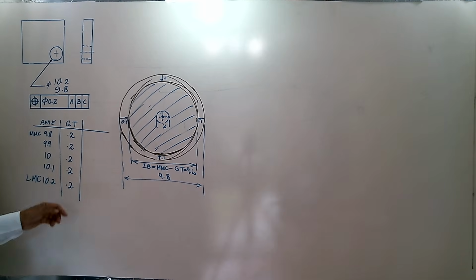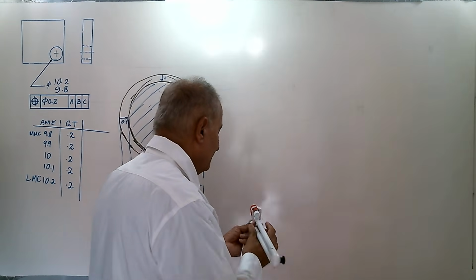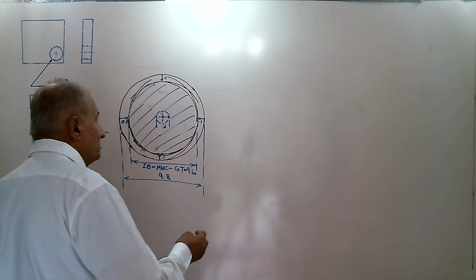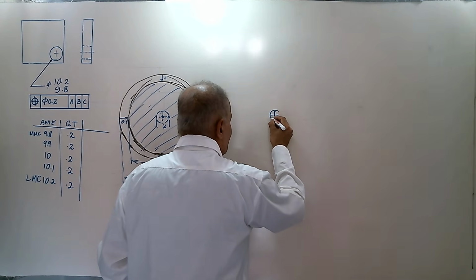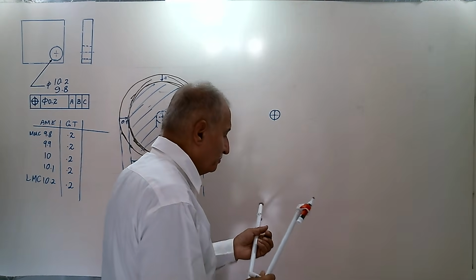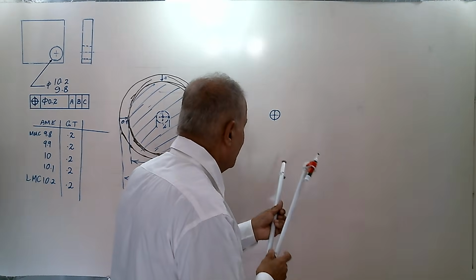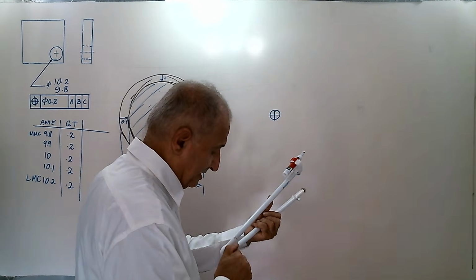Then assume that we draw another one. The position tolerance here is again 0.2. That's the true position, and that's 0.2 for the circle. Assume first that we consider the ideal hole.